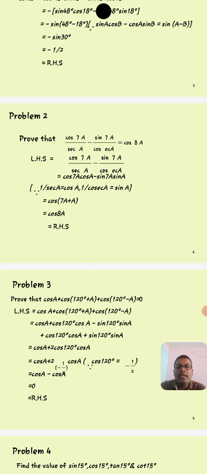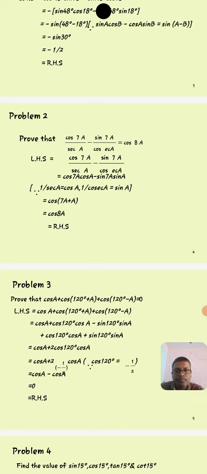Cos 7a into cos a minus sin 7a into sin a. That is cos a cos b minus sin a sin b. That is equal to cos of 7a plus a is equal to cos 8a equal to RHS. Therefore LHS is equal to RHS.